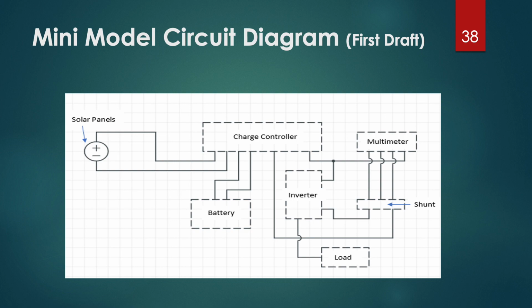This is the circuit diagram of our solar panel unit. We will have the solar panel connected to the charge controller. This charge controller is also connected to the battery, the multimeter, and the inverter, and then the inverter is connected to the load, and also to the shunt resistance.